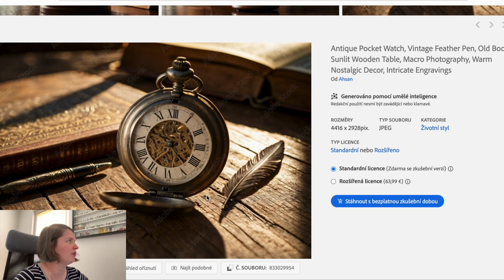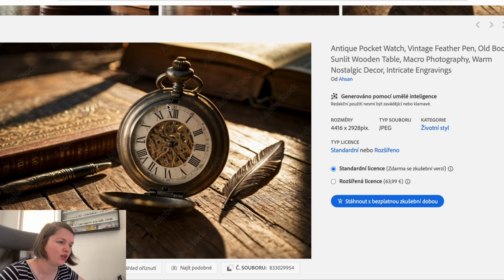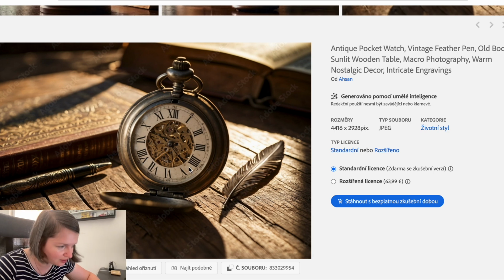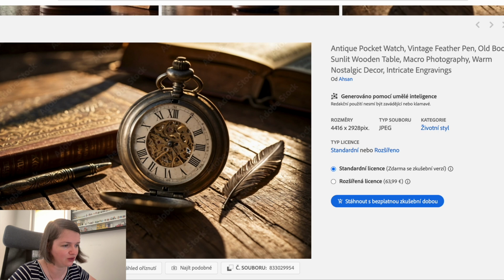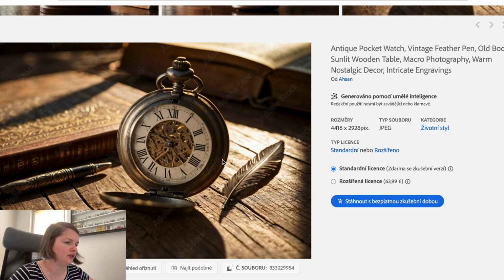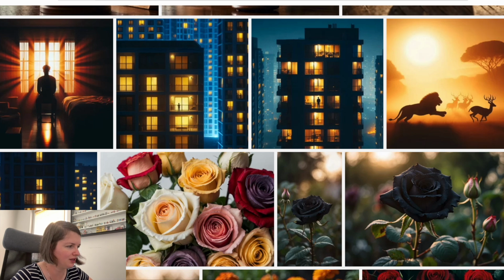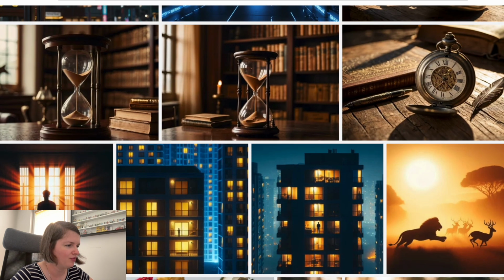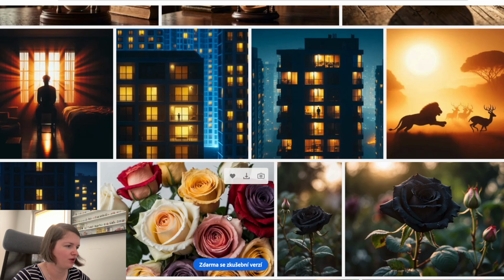Is it an advertisement for an antique store? Is it the way we would show it? Also, the watch doesn't have the hands, and you have to be careful about how numbers are written, because the details are quite important. So I understand what's in the image, but I'm not understanding why it's there and what message you are trying to sell with this image.